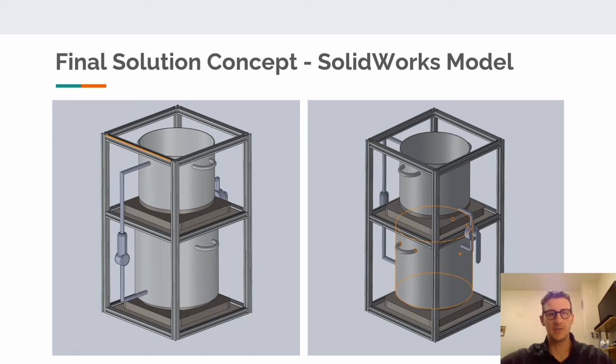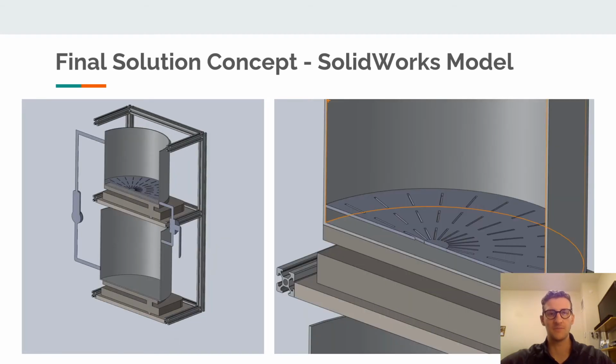And so as you'll see in this model, the frame is entirely designed from aluminum extrusion, since it's readily available, affordable, sturdy, and just very customizable. And the pumps, valves, and hot plates are all depicted with their relative sizing to show their proposed placement with respect to the other components within the model.